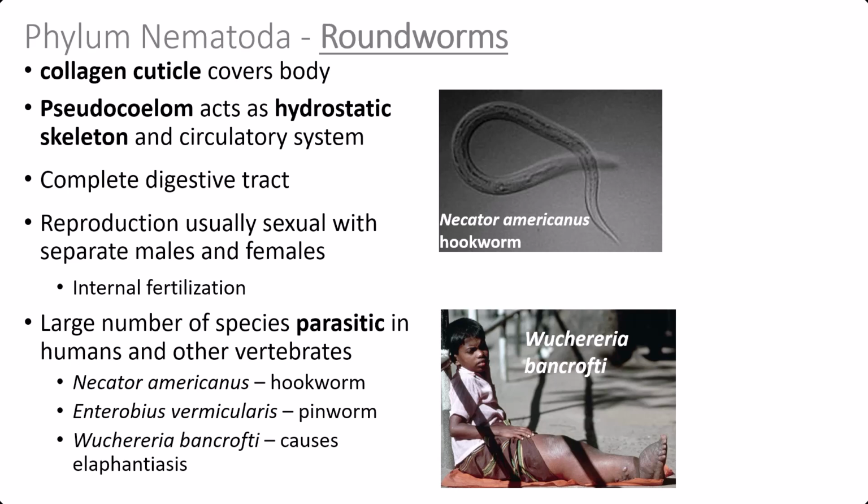There are a large number of parasitic roundworms, for example, hookworm and pinworm, and the roundworm that causes elephantiasis. So elephantiasis is elephant-like swelling. It's a roundworm that gets in the lymphatic tissue and doesn't allow extracellular fluid to be returned to the blood, so it causes this huge swelling here.